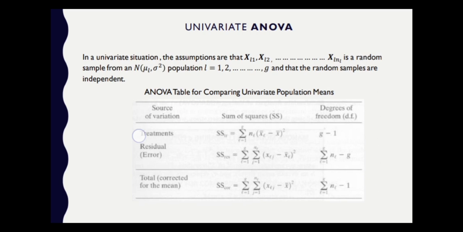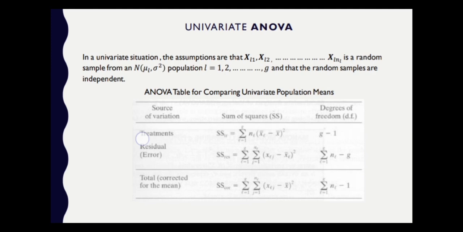But for univariate ANOVA, you deal with only one variable, but for several populations, more than 2 populations. Okay, so actually before we proceed, when we want to use the one-way MANOVA, we want to compare more than 2 populations.